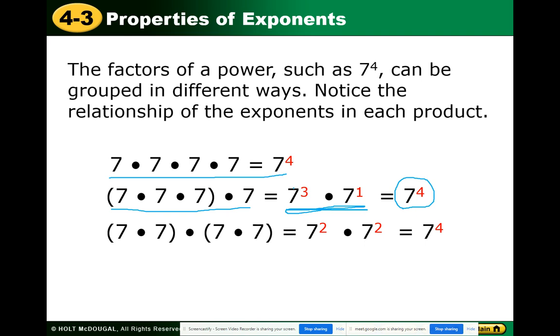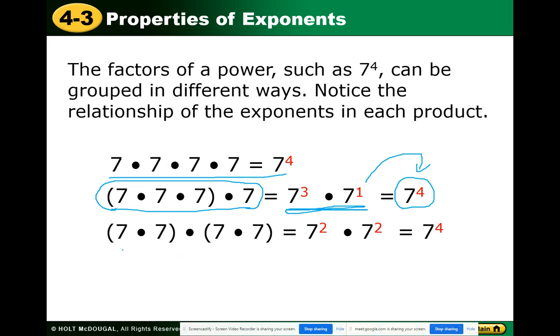We have 7 to the third times 7 to the first. Well, let's look back here, see the part that I'm circling? Isn't that just 7 times 7 times 7 times 7? So does anybody want to take a guess what we do with the exponents when we have 7 to the third times 7 to the first? What did we do with the exponents as we got to the answer? Wonderful.